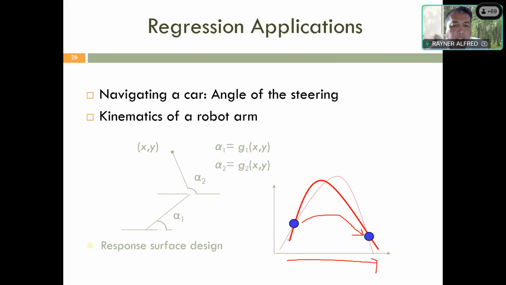So for them to derive this path, they need to have more data. For example, for these two, you would have more data that we use to derive this line that describes the movement, the kinematics, of a robot arm.